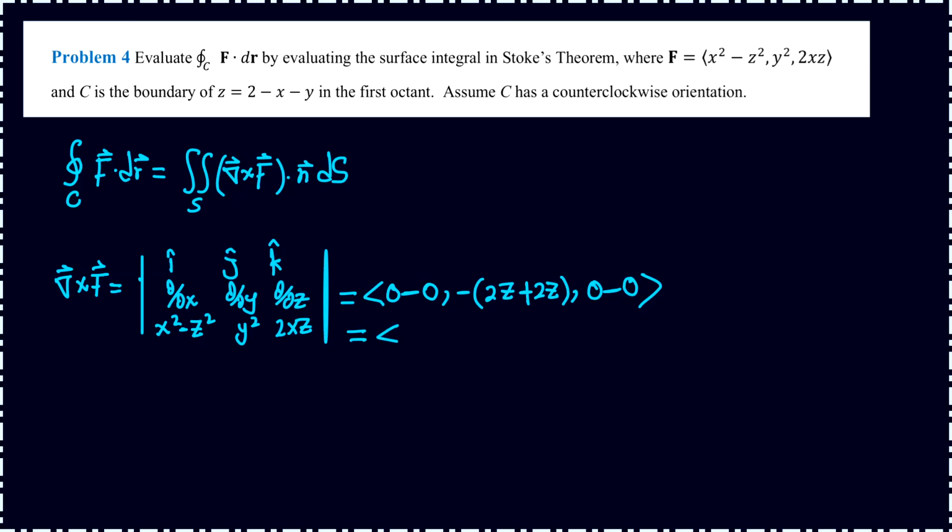Resulting in the curl of 0, 2z, and 0. All right. Okay, so we have the curl.